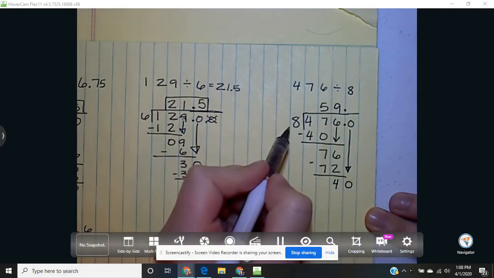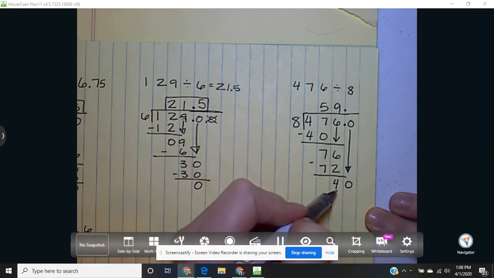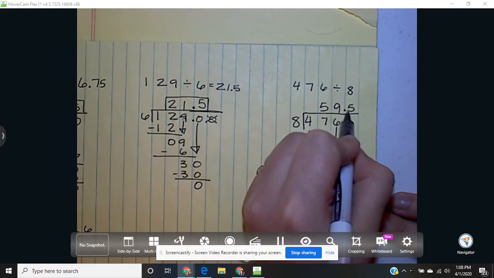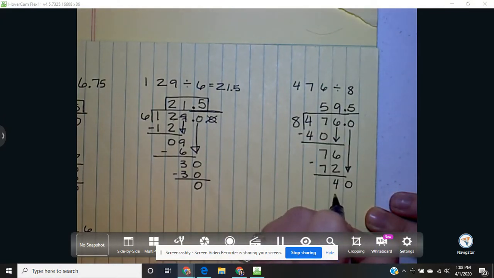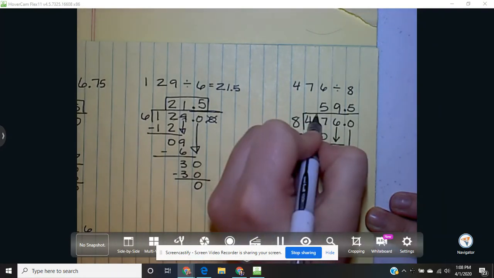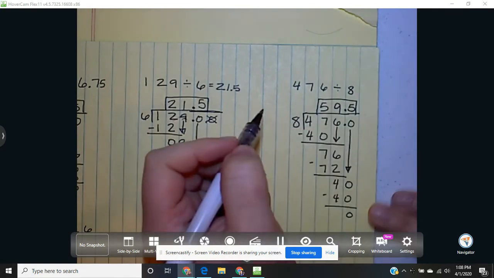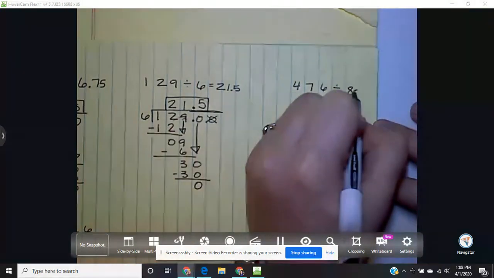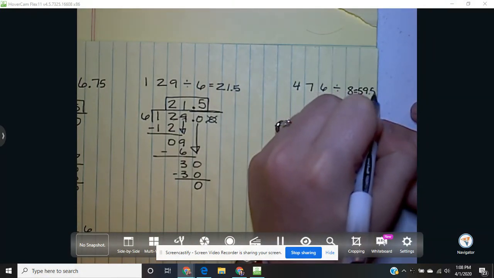So how many times now can 8 go into 40? It can go into 40 5 times, and 8 times 5 is 40. I have nothing left, so my total answer is 59 and a half.